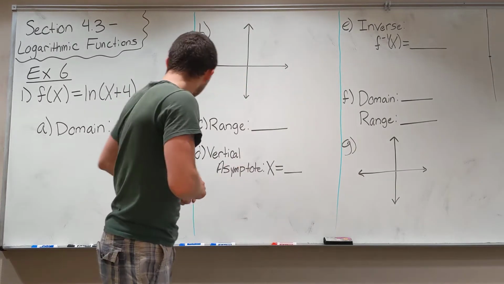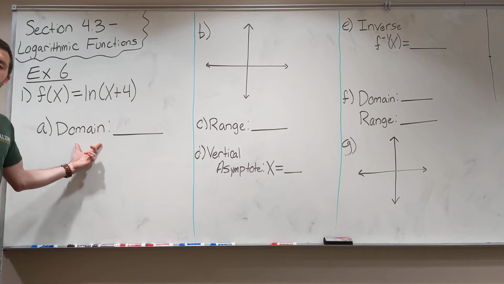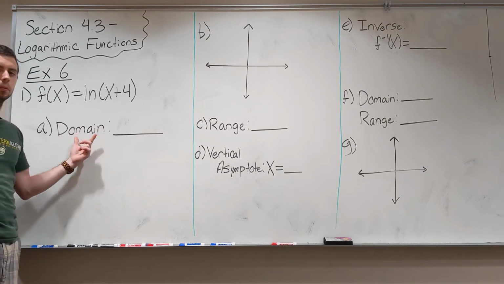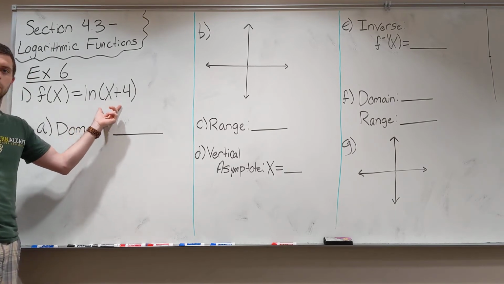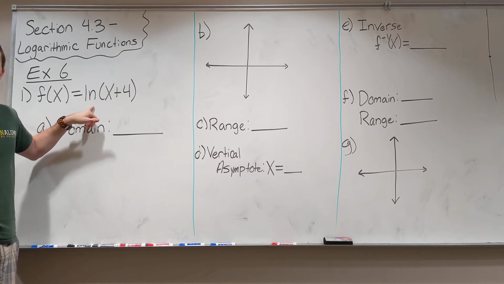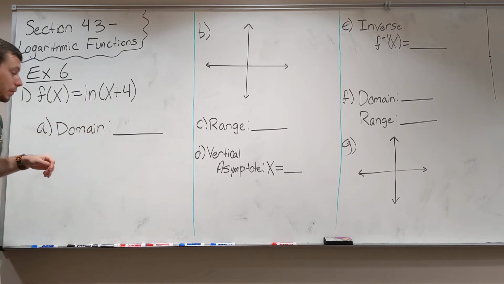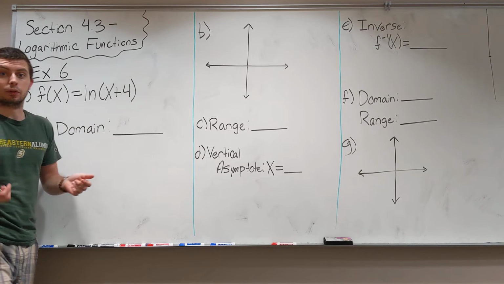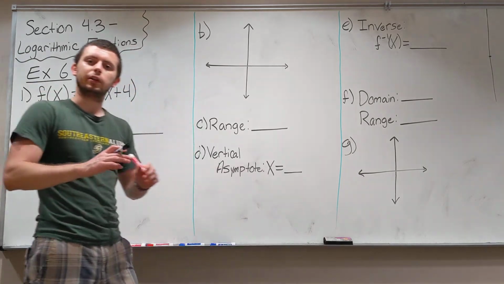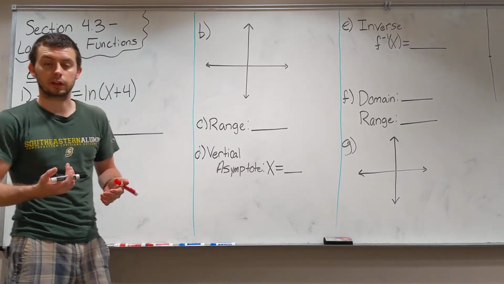So it starts off by asking for the domain, and so the domain of any logarithm, remember the natural logarithm is a logarithm. So how do you find the domain of a logarithm? You set everything that the logarithm is evaluating.